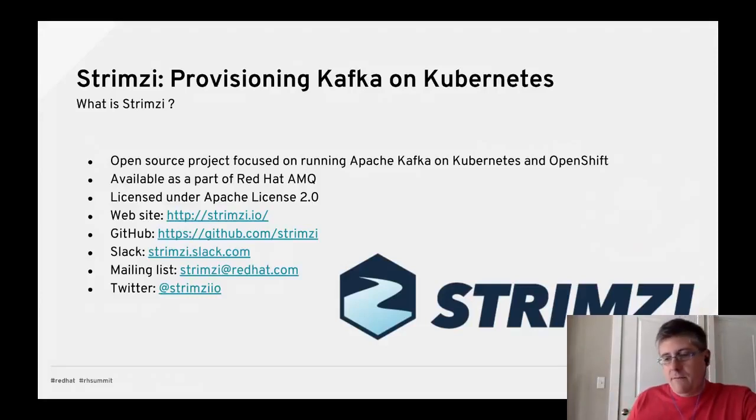At Red Hat, we have our colleagues from the Strimzi team. We develop an open source project called Strimzi, which is focused on running Apache Kafka on Kubernetes and OpenShift. Strimzi is, let's say, the upstream component. It's also available as a product, part of Red Hat AMQ.